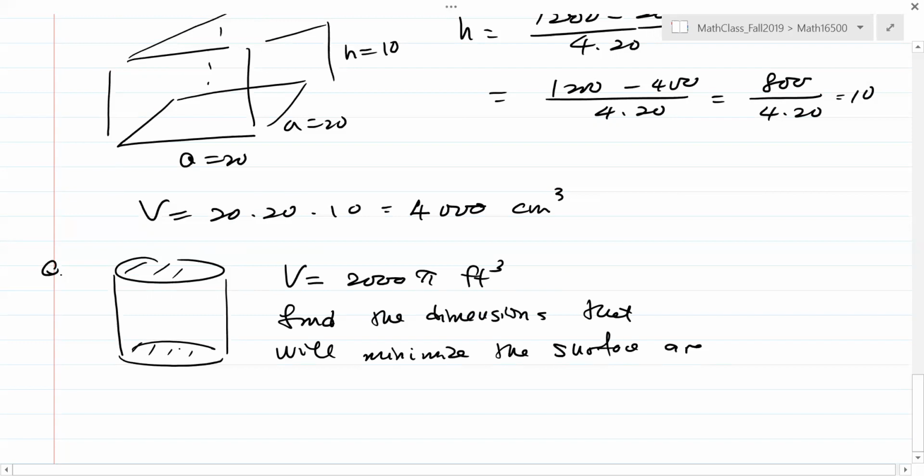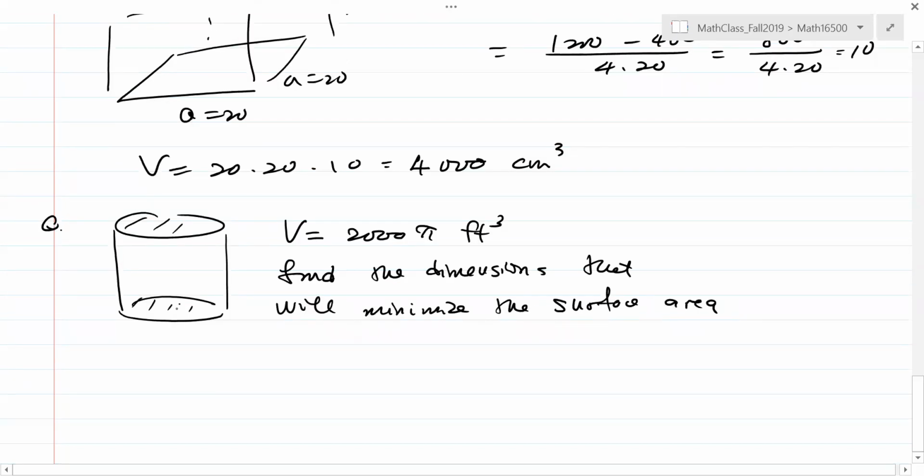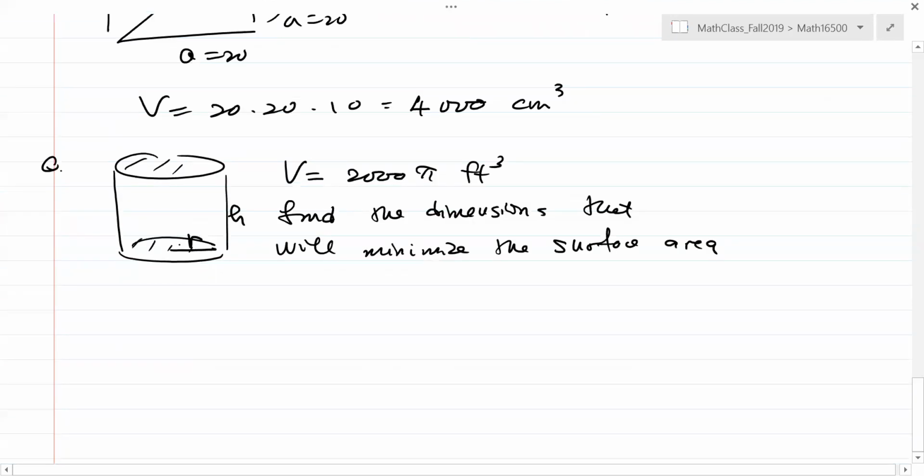So the parameters you're going to use are the radius and the height. I wish you to set up the given information in terms of r and H, and find the quantity which represents the surface area.